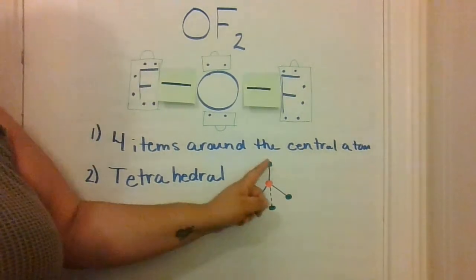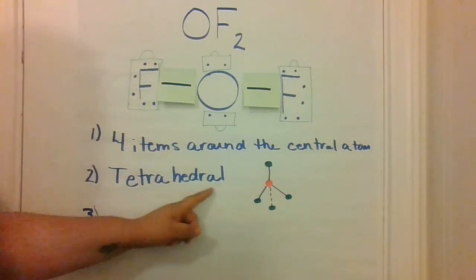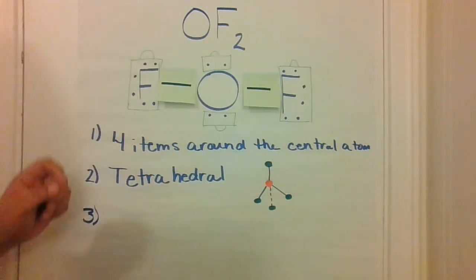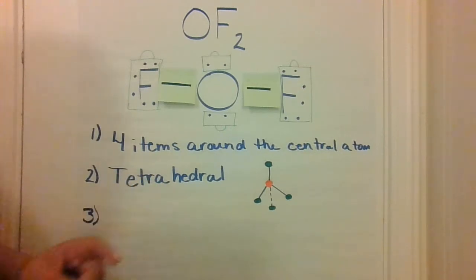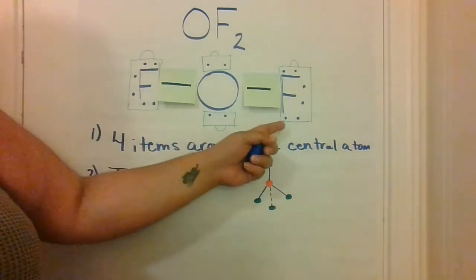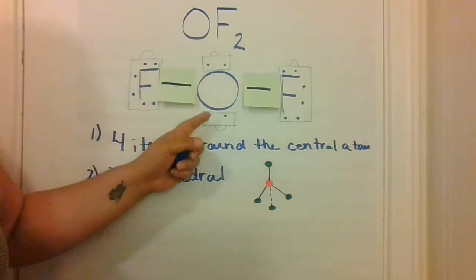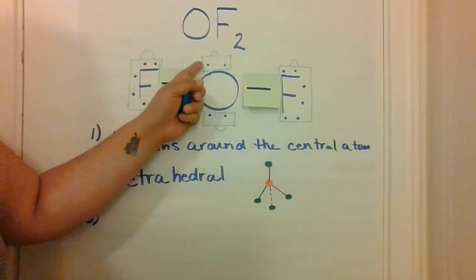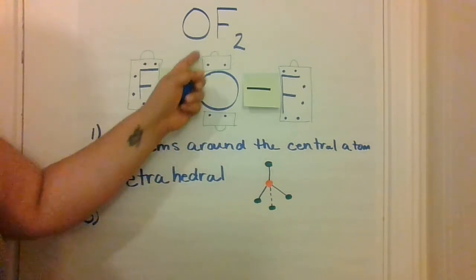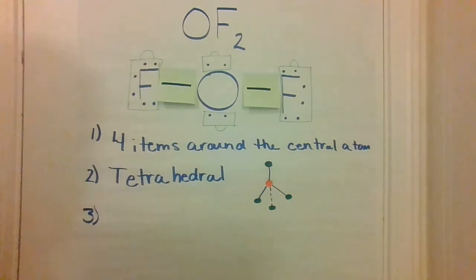So now number 3 asks us, of these four things that would typically be bonded to a central atom that is tetrahedral, how many of those atoms are replaced by lone electron pairs? And if we look closely, we know we have a fluorine and a fluorine, and not two other atoms, but we have two lone electron pairs. So there's one pair and two pairs, okay?